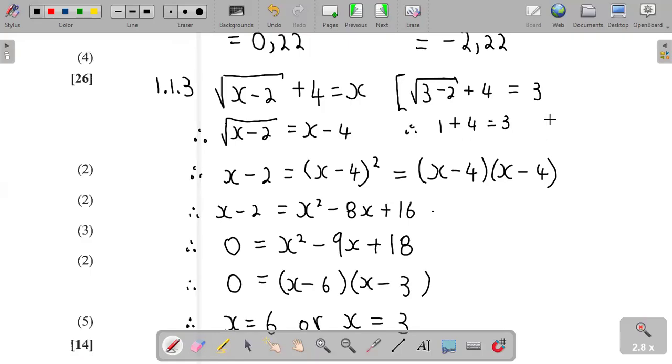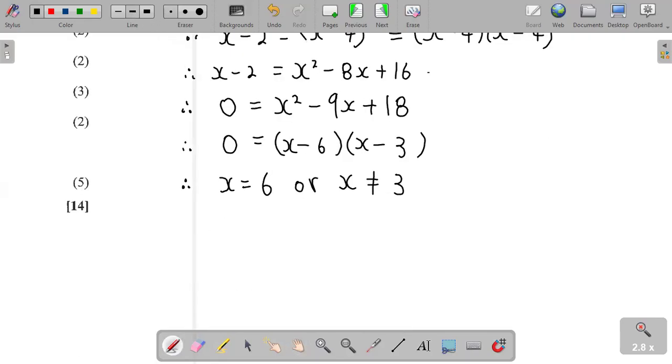And 1 plus 4 is 5, you see. 5 is not equal to 3. So when we use 3 in the original equation, it doesn't give us a true statement because it says 5 equals to 3, and we know that 5 is not equal to 3. So it means that of the two solutions, x is not equal to 3. The solution of 3 is cancelled out, you see, so you must be careful here.